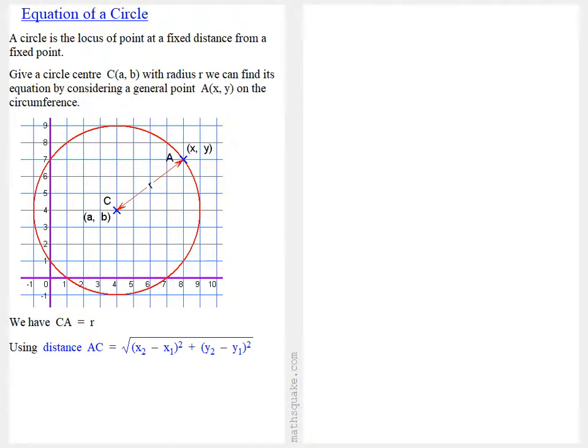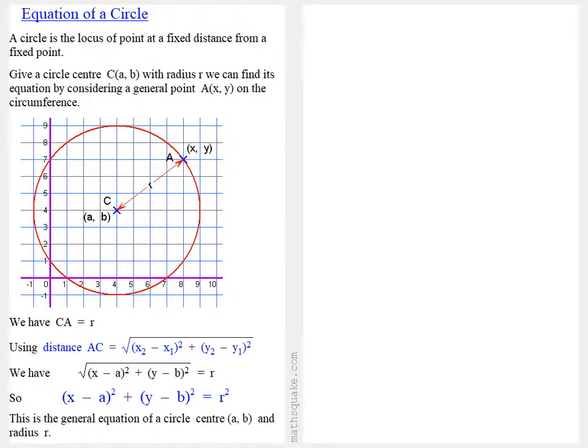So this gives us the square root of (x minus a) all squared plus (y minus b) all squared is equal to r. And if we square both sides, we get (x minus a) all squared plus (y minus b) all squared is equal to r squared. Now this is the general equation of a circle, centre (a, b) and radius r.